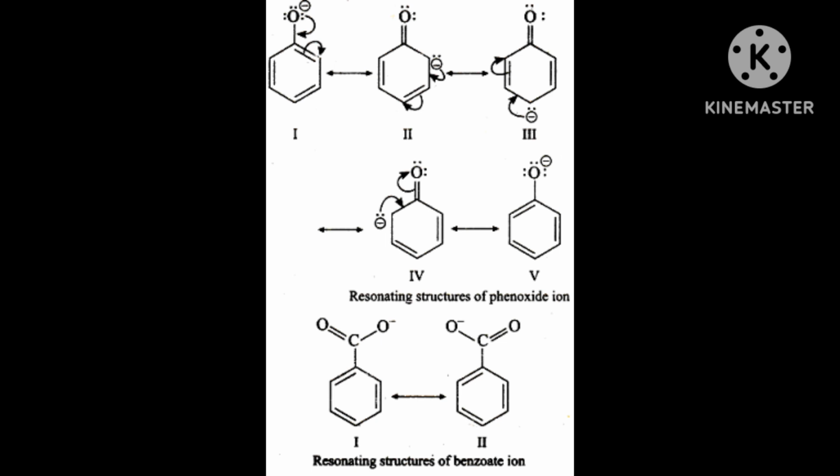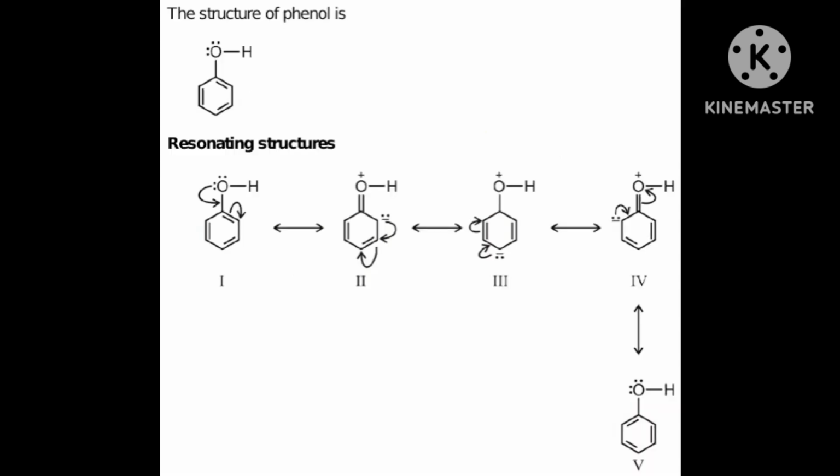Then again a double bond will form, the next old double bond will break, and that next carbon will have the negative charge. In that way, four structures will be formed, at the ortho position and at the para position, and again the ortho position, meaning carbon number 6. Now the negative charge has rotated.